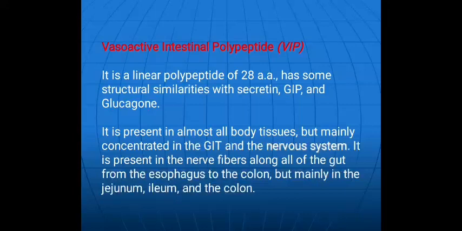It is present in almost all body tissue, but mainly concentrated in the GIT and the nervous system. It is present in the nerve fiber along all the gut from the oesophagus to the colon, but mainly in the jejunum, ileum, and the colon.